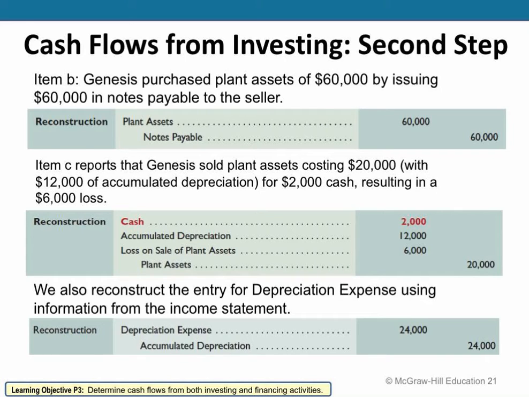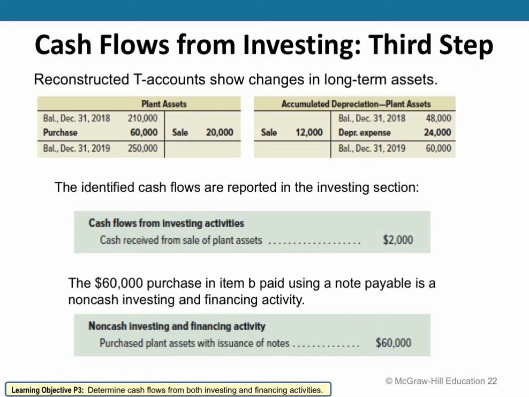So if we look at the T accounts, we would see the $60,000 purchase for plant assets, and then the sale had $20,000 for the gross value of that plant asset, so that's going to be represented here as the credit. And then for accumulated depreciation, we had from that sale $12,000 of accumulated depreciation, so it's going to be listed here as a debit on our contra asset, so decreasing that account.